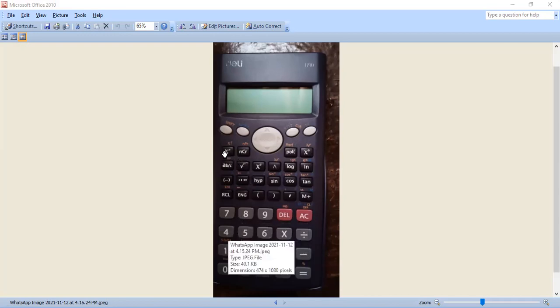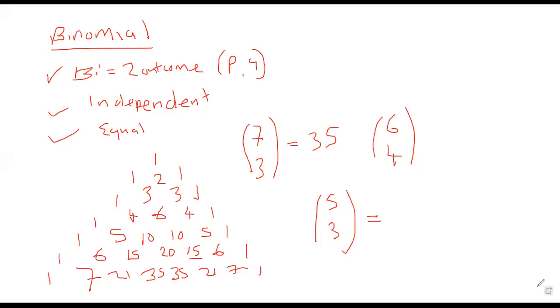Then there is a factorial. A factorial means multiplying that number backwards. So what is 5 factorial? It means 5 times 4 times 3 times 2 times 1. What do we get? 120.